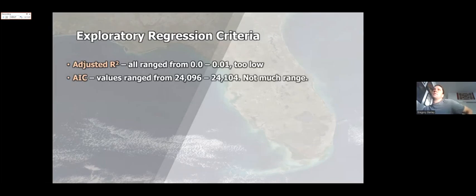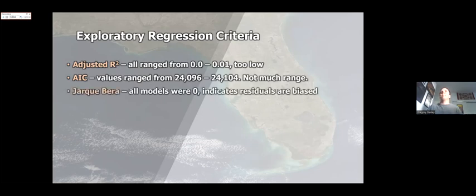AIC values range from 24,096 to 24,104. So not much significant range among each other, but you still want to use the lowest value, meaning that's the least amount of variables needed to explain the HAB.